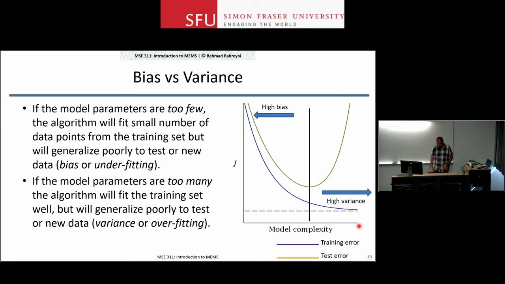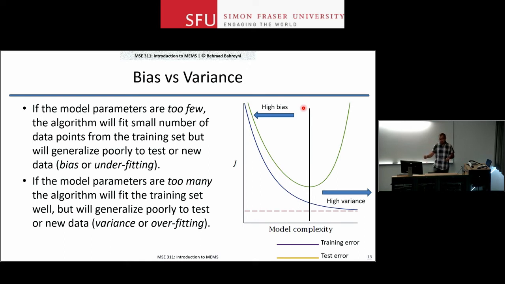You show this algorithm new data, and all of a sudden, boom, something goes seriously wrong. And these are two different types of problems in machine learning lingo. If the model complexity is low, if you have chosen a function that does not fit your data well because it doesn't have enough degrees of freedom, so let's say you have a spread of points in space and you want to fit a line to it, but the points come from a quadratic function, your model is too rigid.